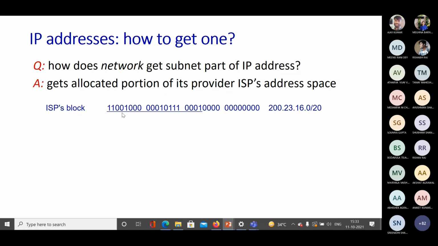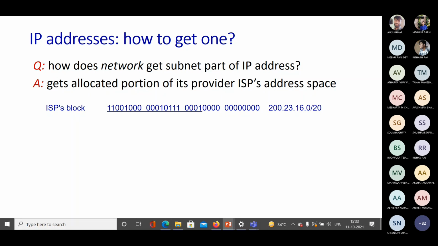The answer to this question is that the subnet part of the IP address is allocated from the ISP's address space. Your internet service provider has been given a chunk of addresses.